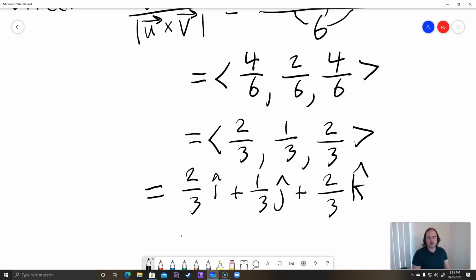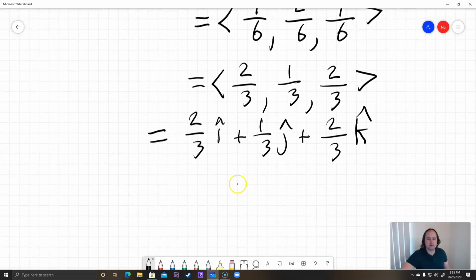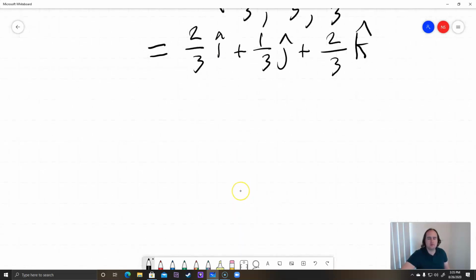And in your homework, they're also going to be asking you to calculate v cross u. I don't want to go through the whole problem because it'll take a little while, but I will tell you how to set it up.